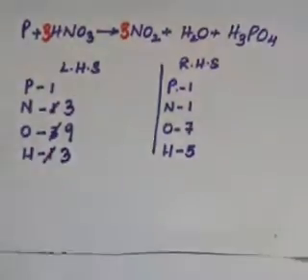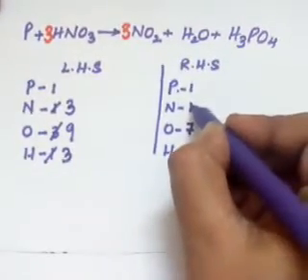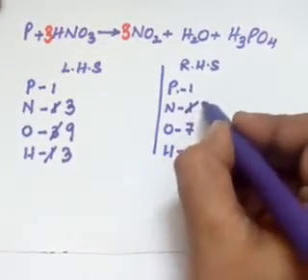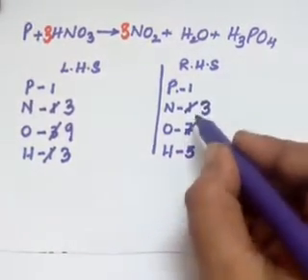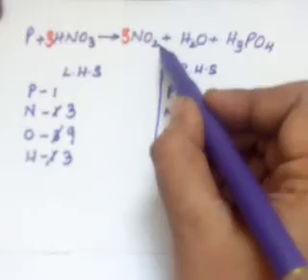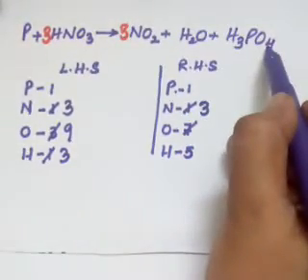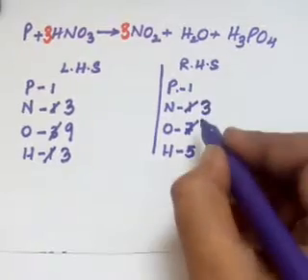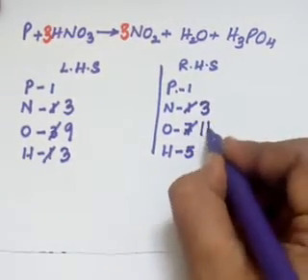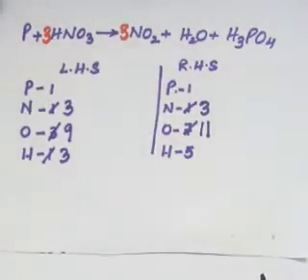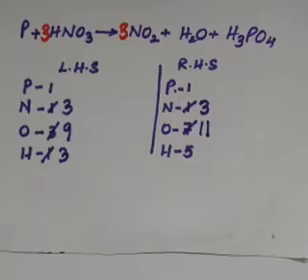To balance nitrogen, we have made 3 over here, and oxygen will now be how much? 3 twos are 6, 6 plus 1 is 7, 7 plus 4 will be 11. So it will be 11 now, but this is not balanced again.